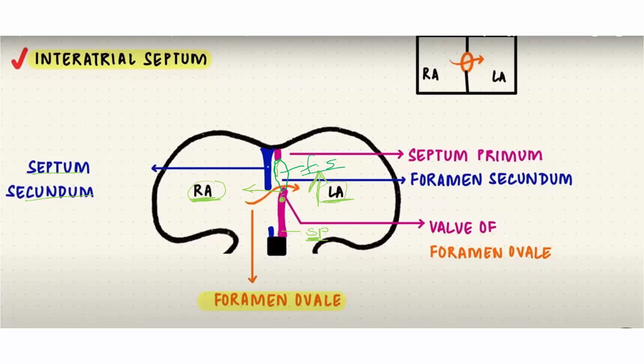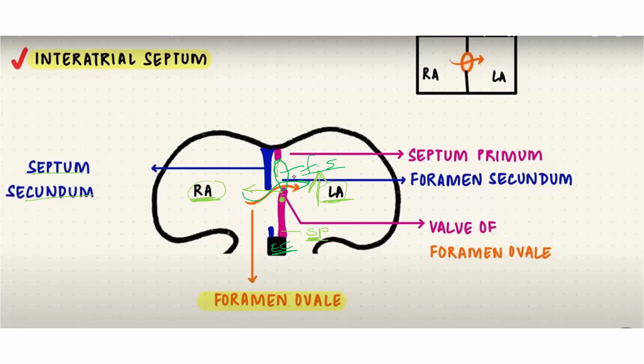So septum secundum just grows on the right side, but it does not reach the endocardial cushion. This is the endocardial cushion, EC. So it does not reach. So it now forms a complex foramen there. That is now the foramen ovale.